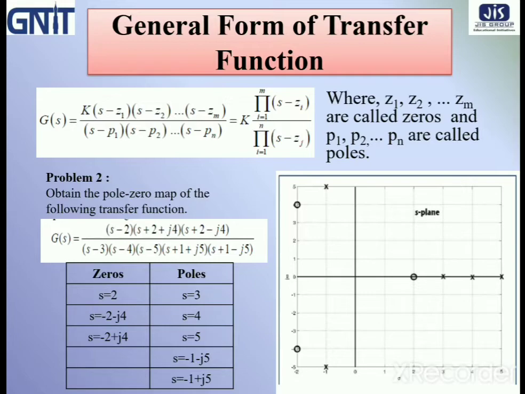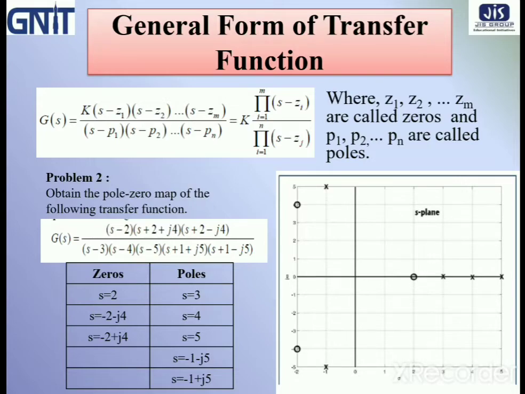Got it? Next, if we put in the denominator part s equal to p1, next s equal to p2, like this, s equal to pn, then the transfer function G(s) becomes infinity, that is K into something divided by 0, which means it becomes infinity.